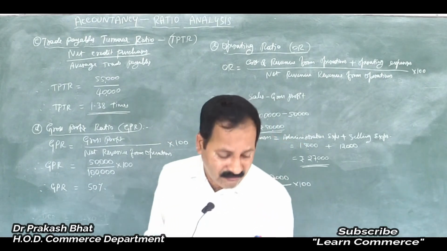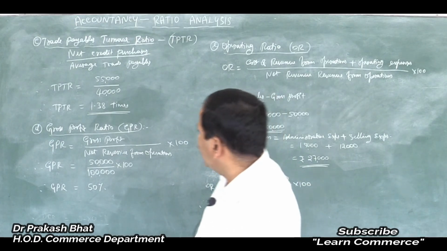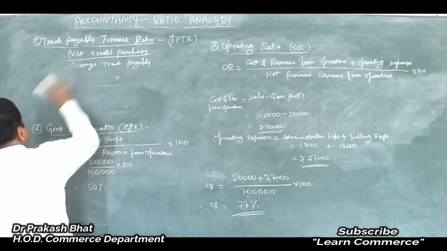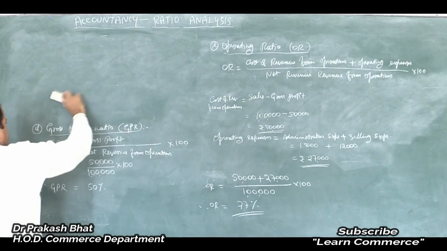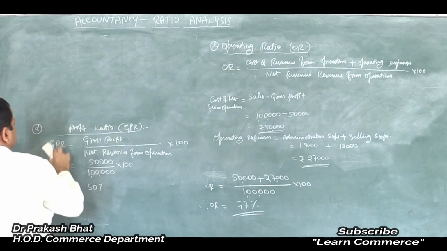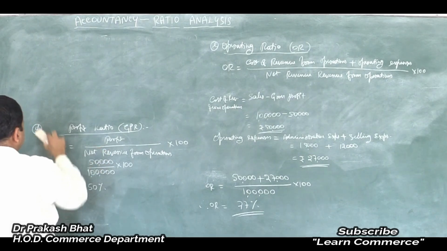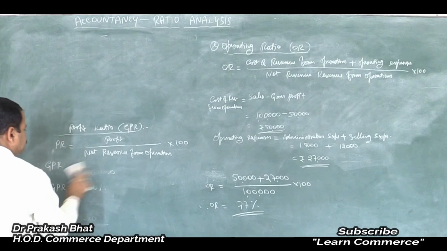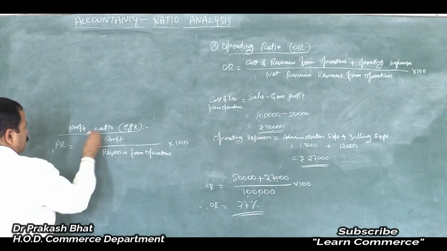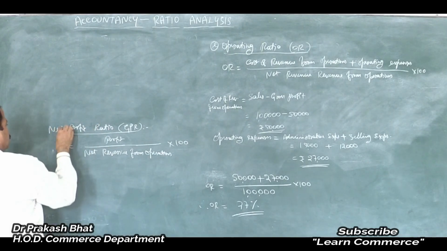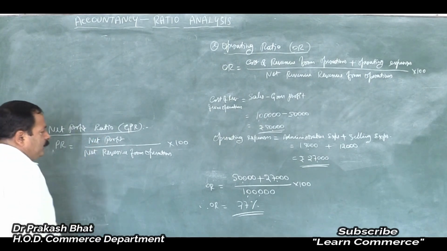We have only one ratio left out, that is the net profit ratio. Am I correct? Net profit ratio. Let us solve that so that this problem gets solved. Yes, formula is net profit ratio is equal to net profit divided by net revenue from operations into 100.